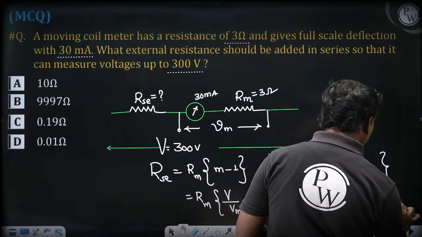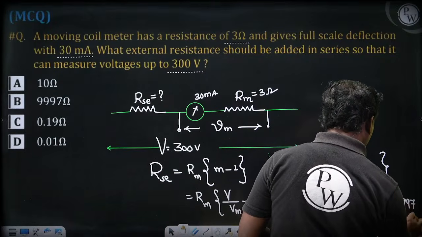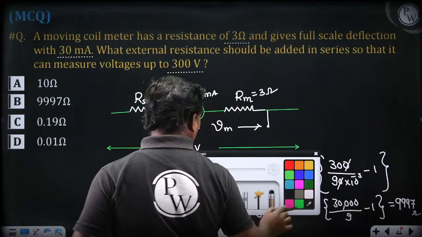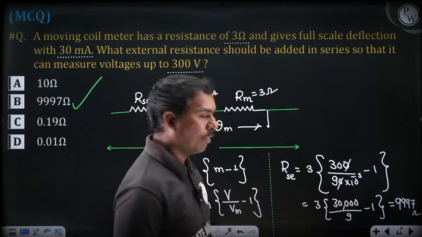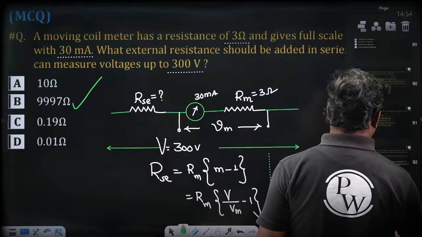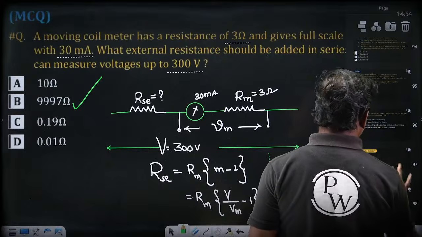How much is the answer coming? 997. So 997 is coming. The right answer here is 997. Option B is the right answer. Okay, let us go for the next question.